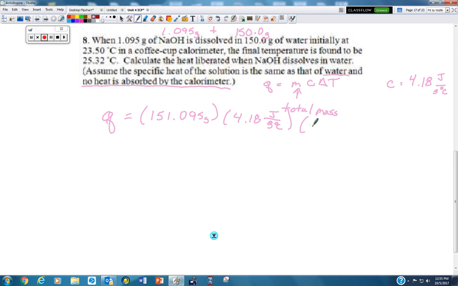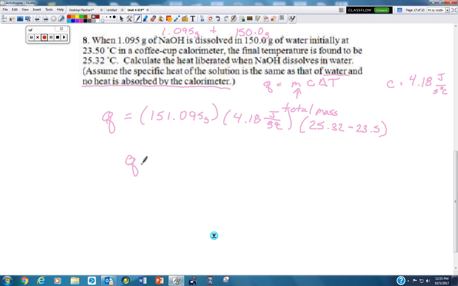And our delta T, we end up at 25.32 minus 23.5, and then you just solve.